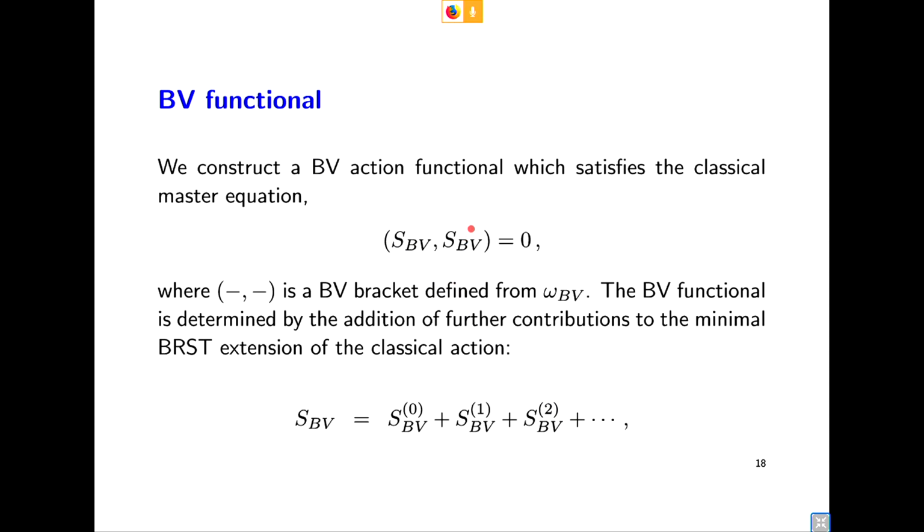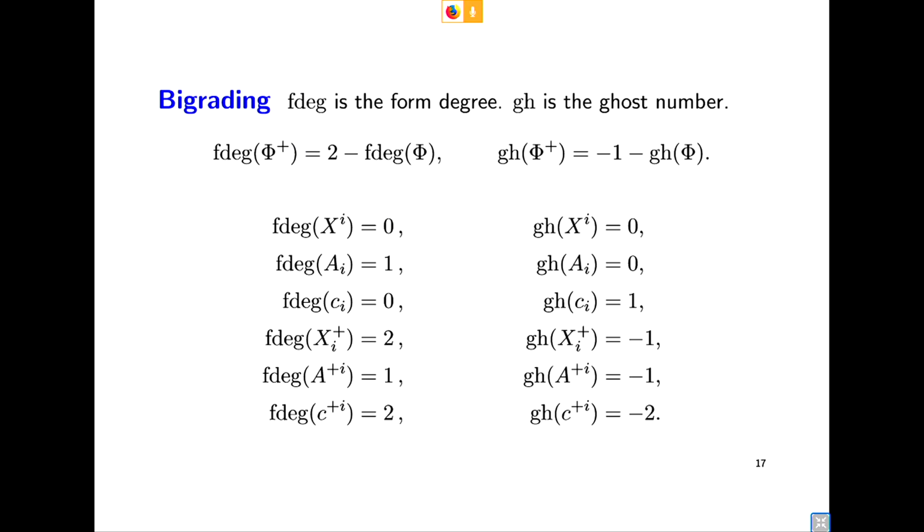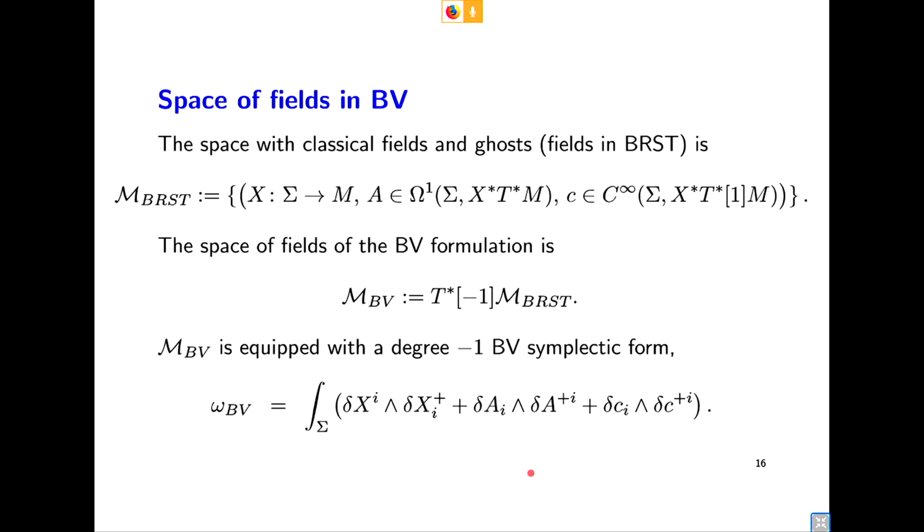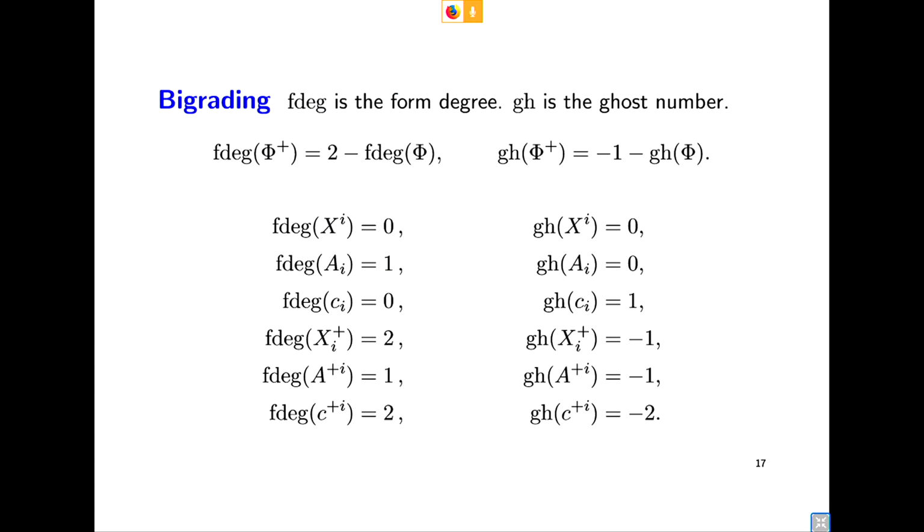Finally we want to construct the BV functional satisfying this equation, the classical master equation. This bracket is a graded Poisson bracket induced from this BV symplectic form.